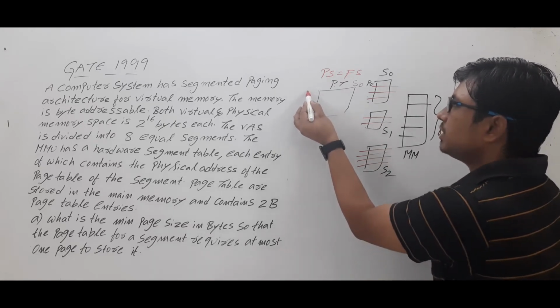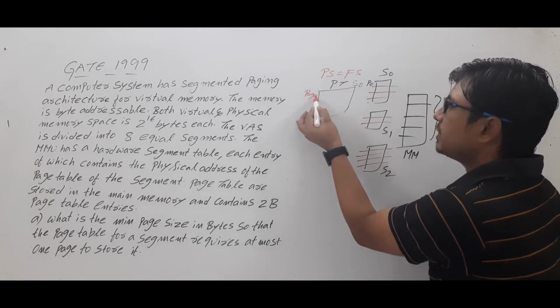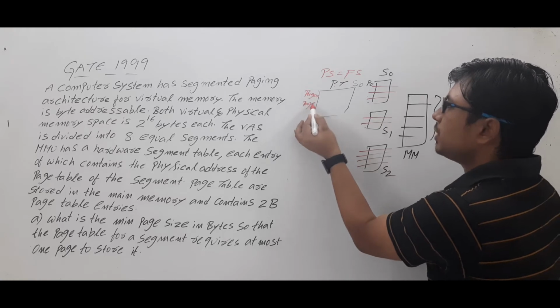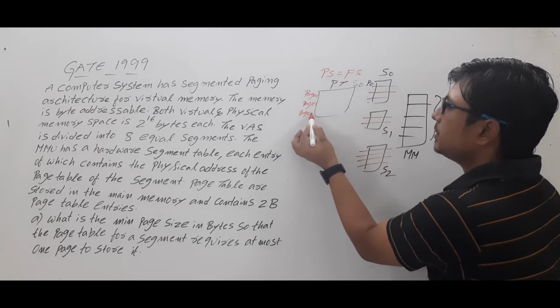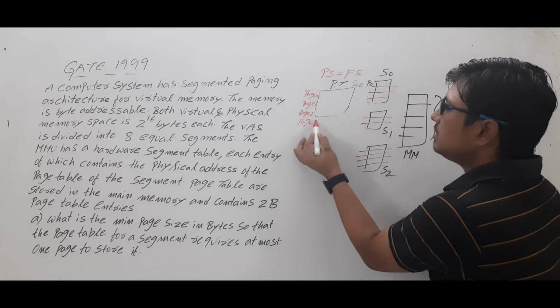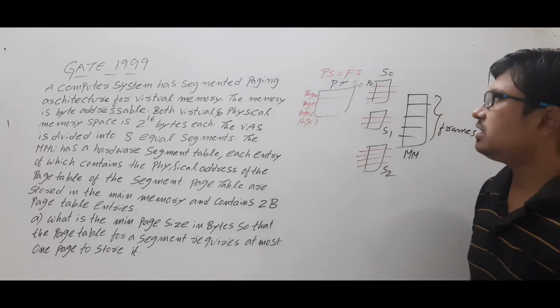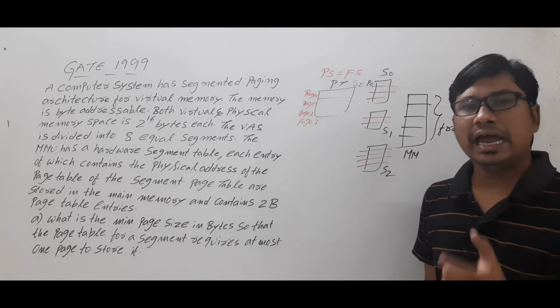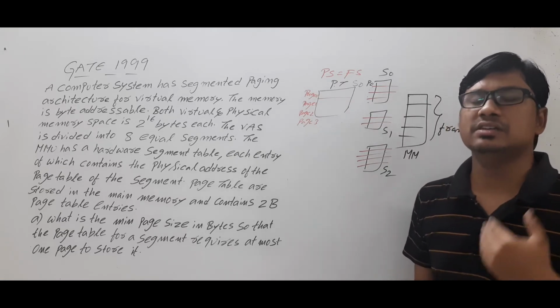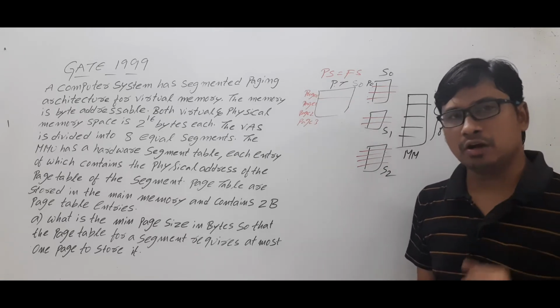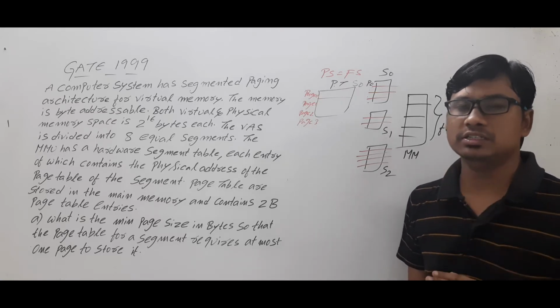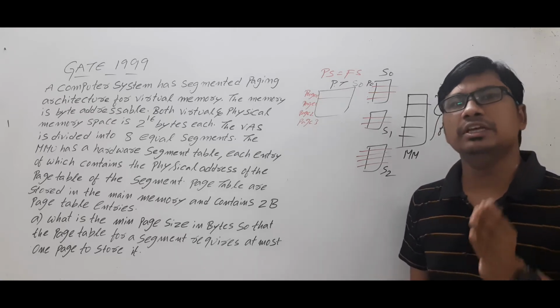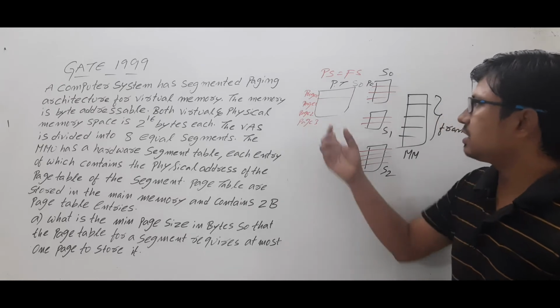The indices will be the page numbers: page number 0, 1, 2, 3. Each entry in the page table will consist of the frame number and other optional bits, such as the dirty bit, present or absent bit, cache enabled or disabled bit, reference bit, and protection bits. Is it clear?